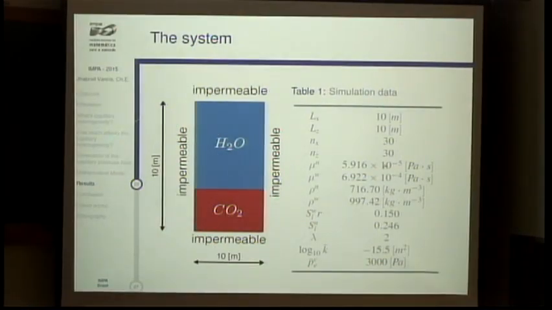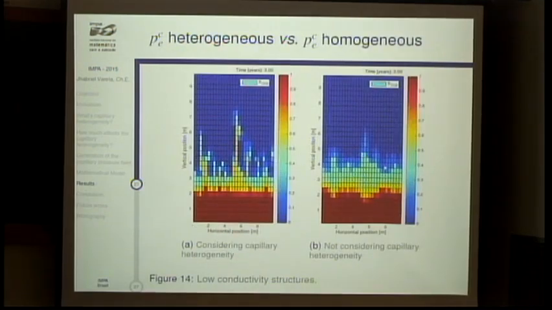Here we show the system. The boundary conditions are set to no flow on all of the edges of the domain. This is the simulation data, all the physical parameters. And this is the first result for a low conductivity structure. This one is considering the capillary heterogeneity, and this one is not considering the capillary heterogeneity.